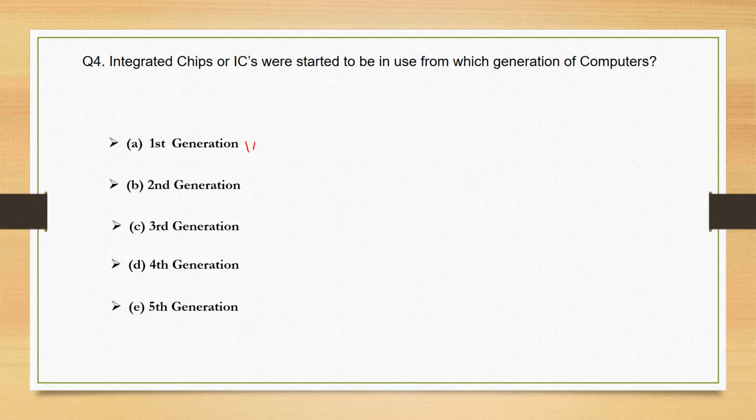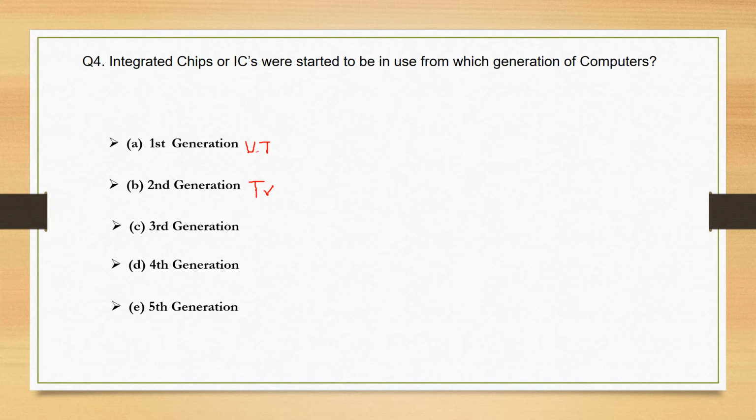Basically this generation is referred to as the period between 1942 to 1954. So in this we were using vacuum tubes. The second generation of computers is referred to from 1952 to 1964, and in this generation we were using transistors as a technology.